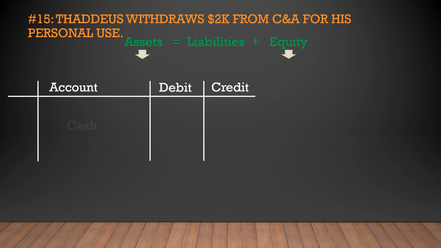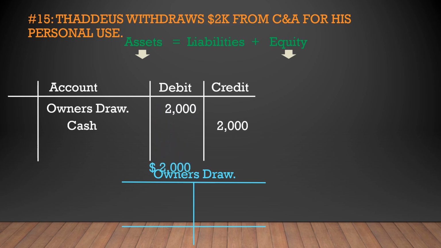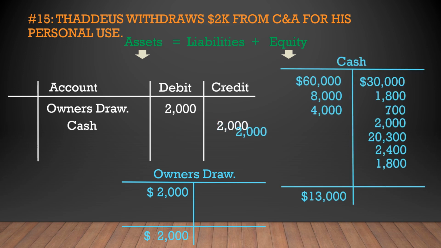Cash will be decreased with a credit, and equity via the drawings account will decrease with a debit. Drawings functions just like expenses in that the debit it receives increases the account balance, but as an equity account, this debit balance decreases ownership interest. The credit to cash decreases cash from a $13,000 debit to an $11,000 debit.